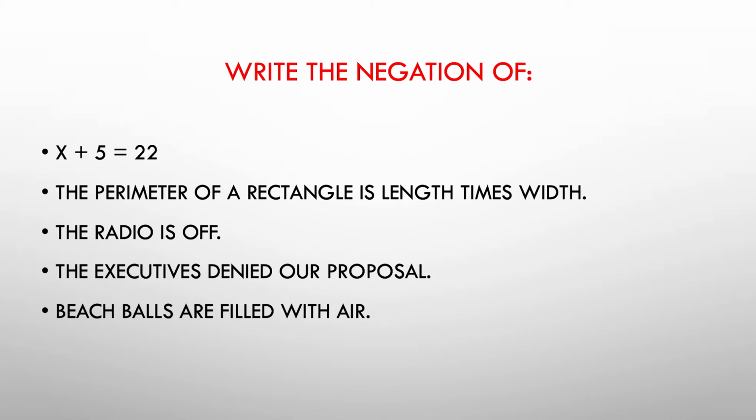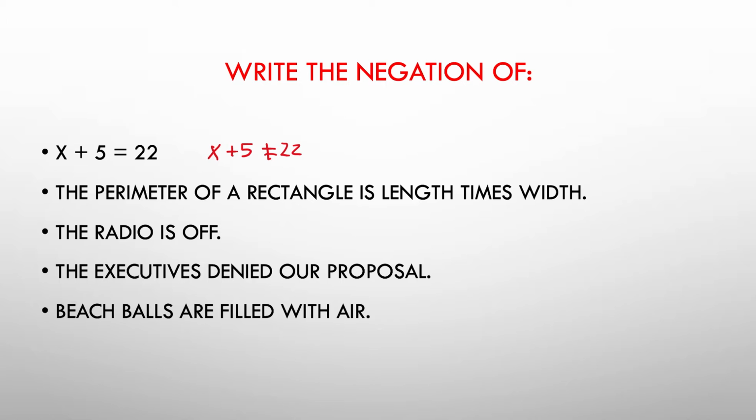So I essentially want to write x plus 5 is not equal to 22. And so in math, putting a not in something, saying not equal to, is going to be this symbol. So again, the first one says x plus 5 is equal to 22. The negation says x plus 5 is not equal to 22.